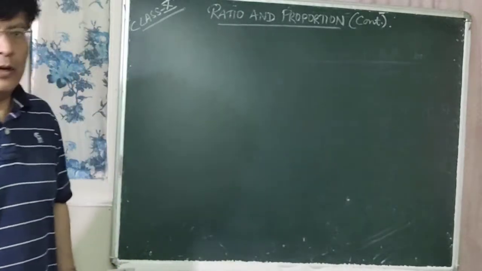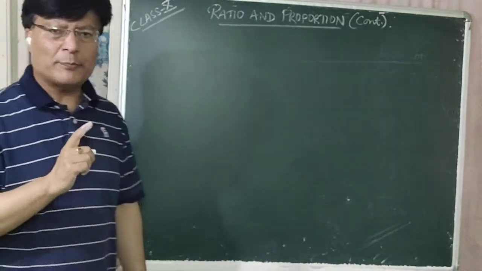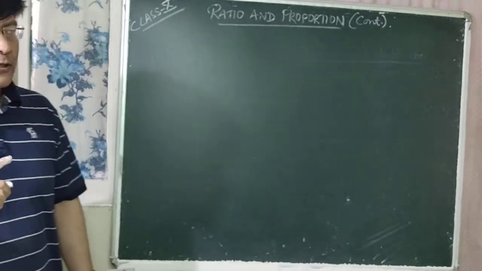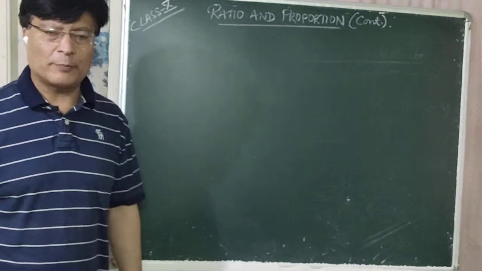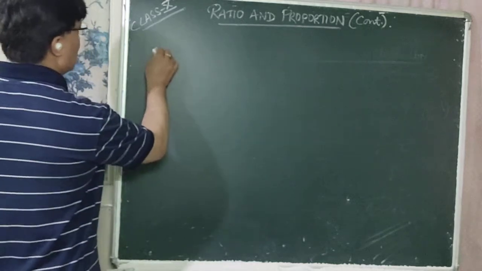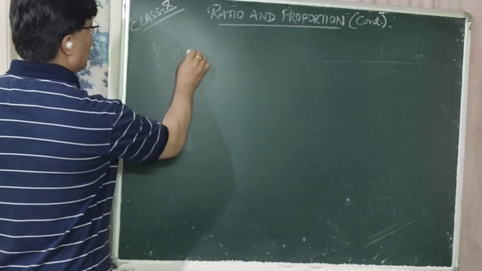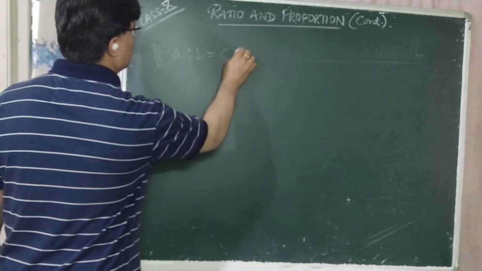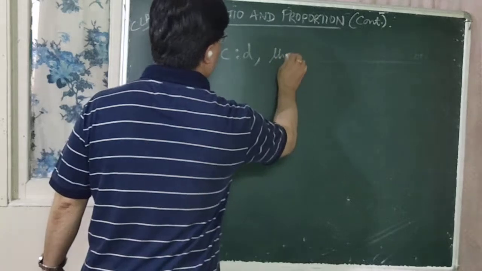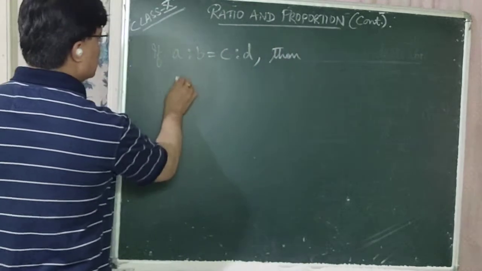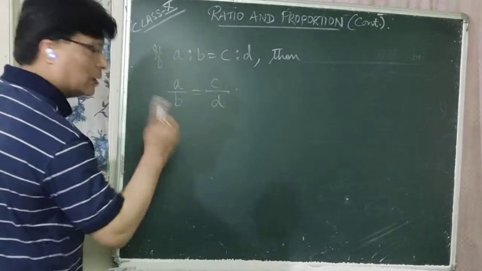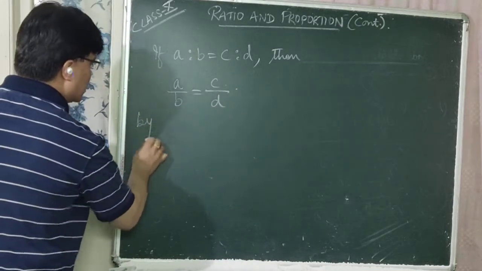So now, there is one property of ratio and proportion that is addendo. I forgot to tell you about this property of proportion, that is addendo. So what is addendo? So if you have A is to B is equal to C is to D, okay, then we can write A by B is equal to C by D. So by addendo, what can you write?